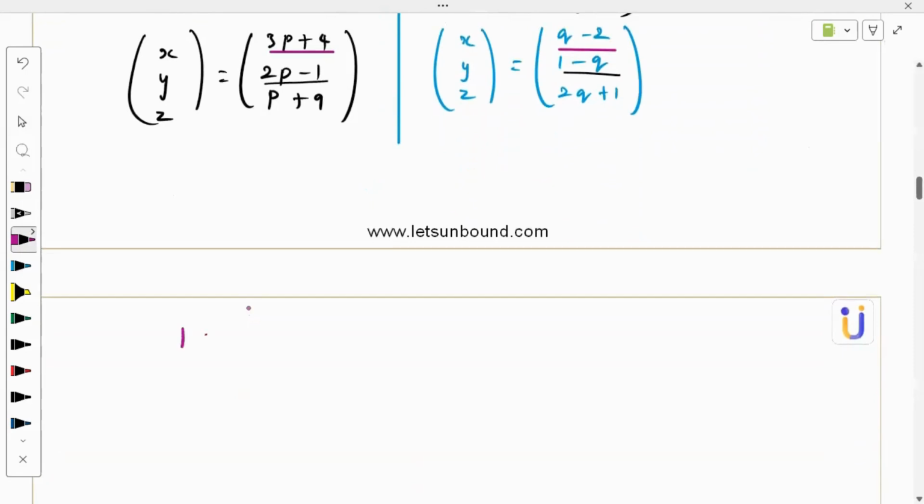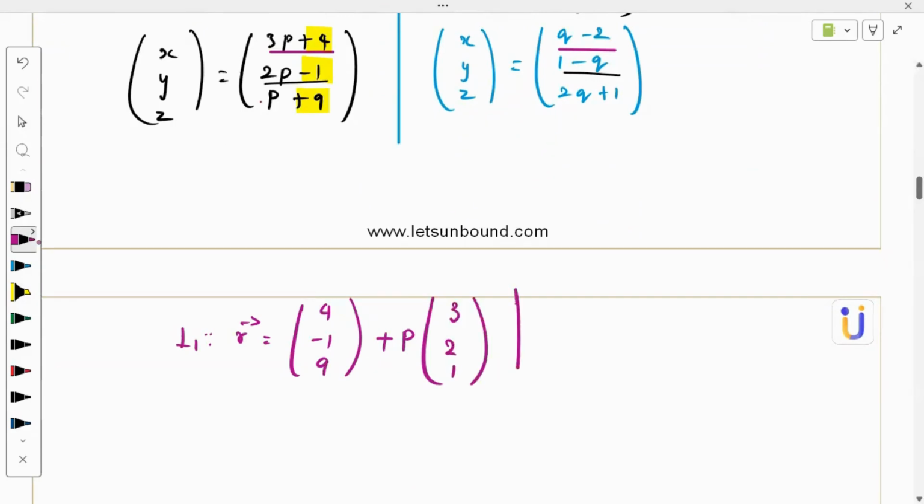So first, L1 you can represent as R vector equal to the fixed point. Can you see these? 4, minus 1, 9. That's the fixed point, plus a scalar times another vector. If you take P common: 3, 2, 1.